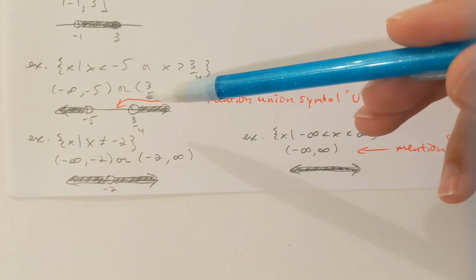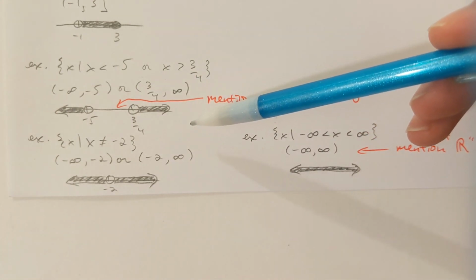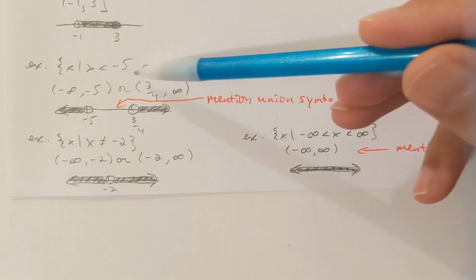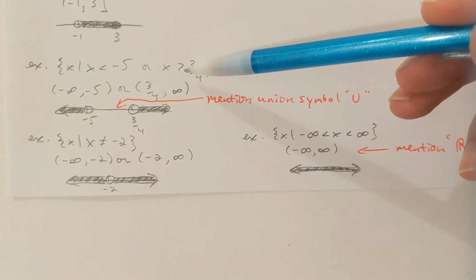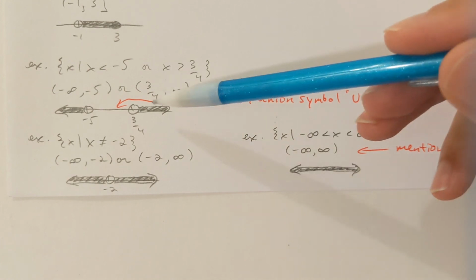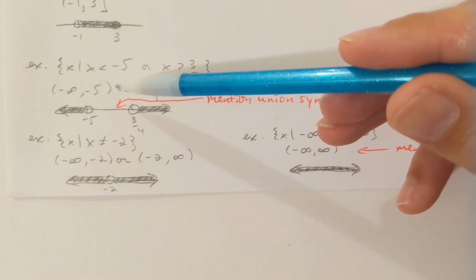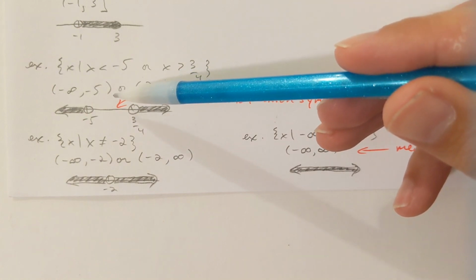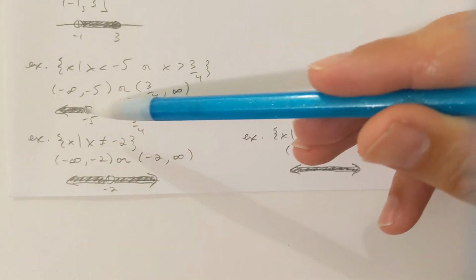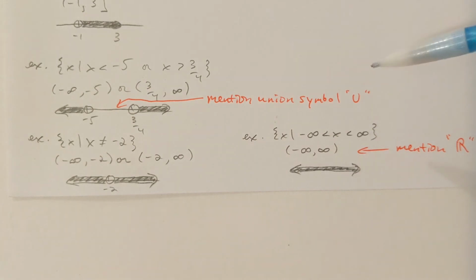Graphically, we have these two values, negative 5 and 3/4, and we're not including either one of those, since we have a strictly greater than and a strictly less than. The first interval is anything strictly less than negative 5 or anything strictly greater than 3/4.